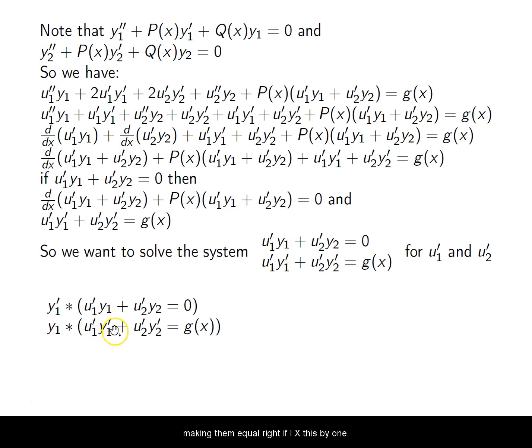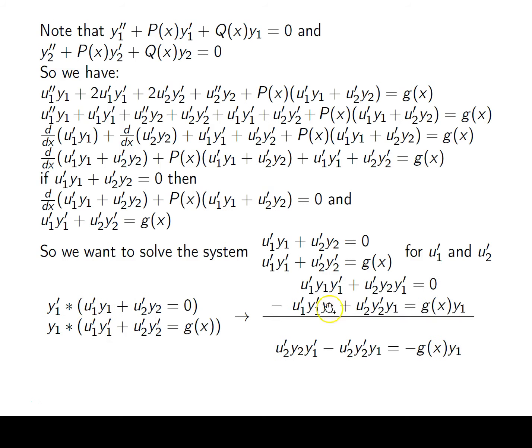If I multiply this by y1, I have u1 prime, y1 prime, y1, and this will be u1 prime, y1, y1 prime. Okay, so I'm getting these equal so I can just subtract the two equations and get this equation out of the way. Okay, so I get these two to be equal, right?